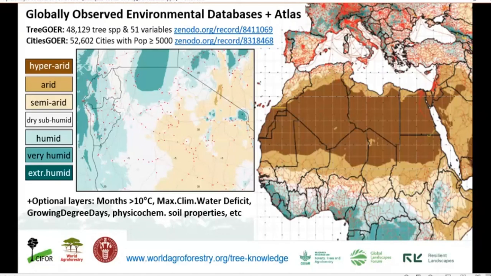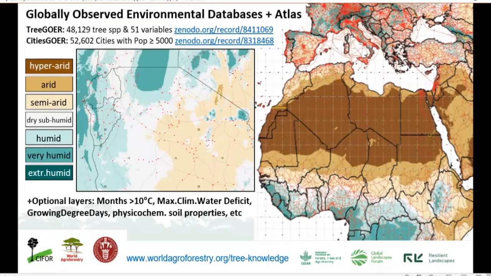where a related tool allows us to map globally the climatic conditions and species that are adapted to those climatic conditions, which is called TreeGOER, or Tree Globally Observed Environmental Ranges, which is a global atlas of tree species distributions.